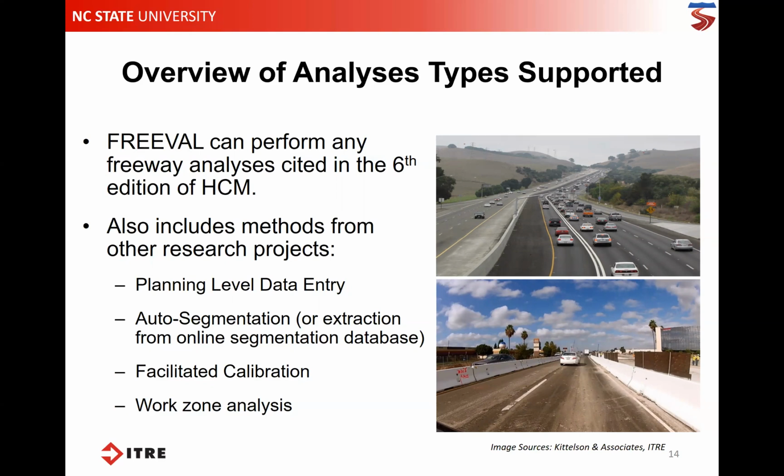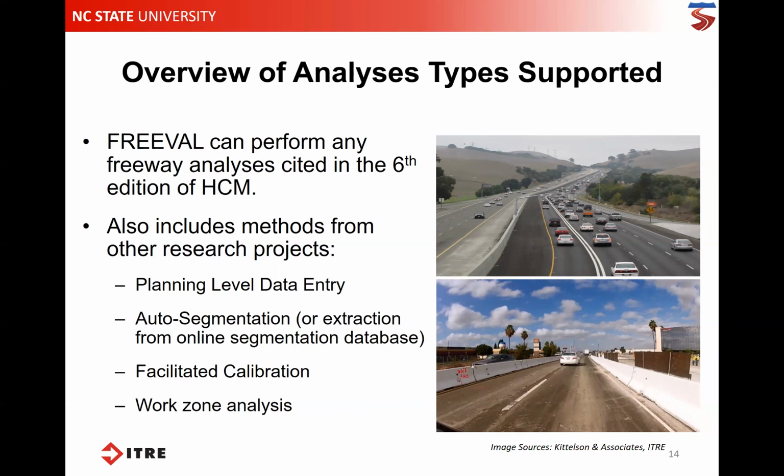Within North Carolina, we have also generated something called an online segmentation database that includes both modeling and identifying every single freeway segment in North Carolina and identifying it as a basic or weave and so on, and extracting those segment types directly from a map database, as well as extracting their demand profile.